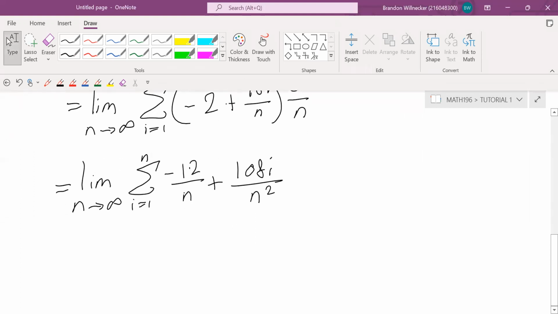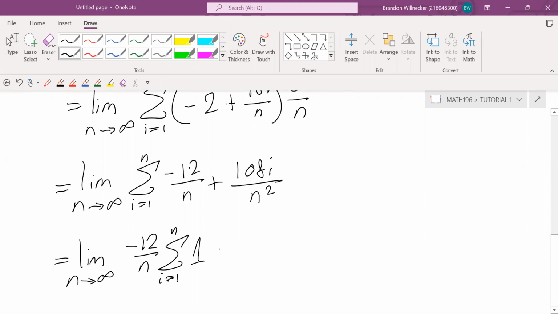Okay, so exactly as we did before, we're going to separate this out and simplify each of the summations. So this is going to be the limit as n goes to infinity, minus 12 over n, the sum from i equals 1 to n of 1, plus 108 over n squared, the sum from i equals 1 to n of i.